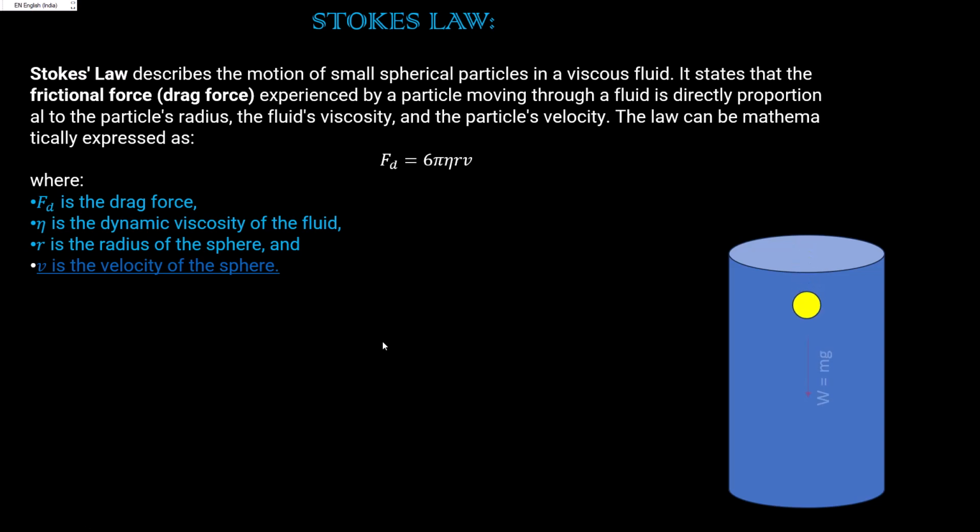Now, the ball falls through this fluid due to its weight W equals mg, and when this ball moves, the adjacent layer of fluid also moves with this ball, but the rest of the fluid is fixed.